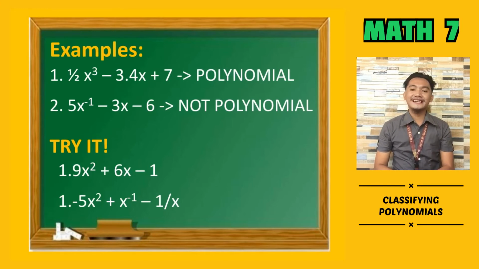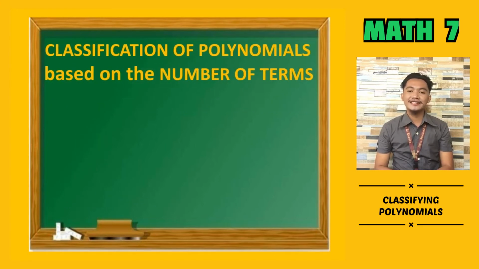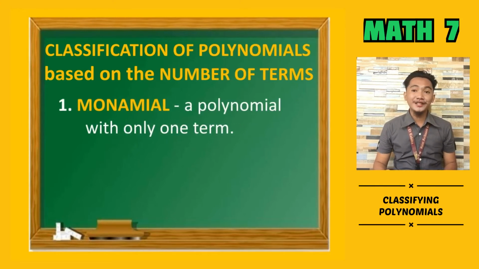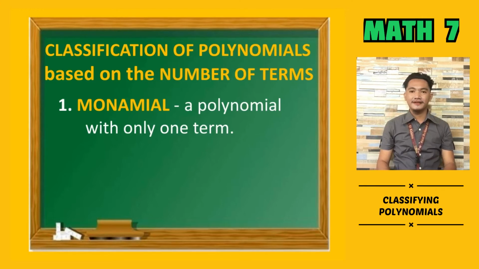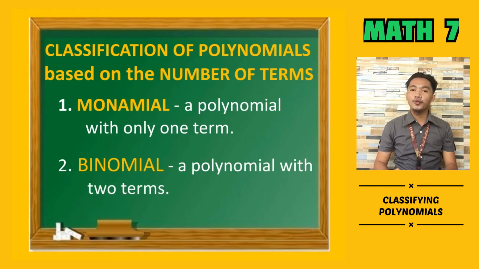We can actually classify polynomials based on the number of terms. Here are their classifications based on the number of terms. First, we have monomial. It is a polynomial with only one term. Second, we have binomial. It is a polynomial with two terms.